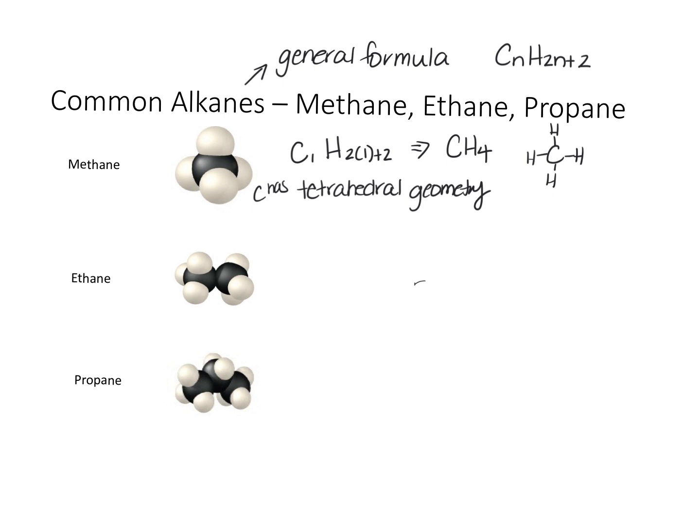Now, the next alkane we're going to look at is ethane. And so if we come here, we've got 2 carbons in ethane, and so to figure out how many hydrogens, we would take 2 times 2 plus 2, and that would give us C2H6. This molecule can be thought of as a methane molecule with one hydrogen removed and a CH3 put in its place.